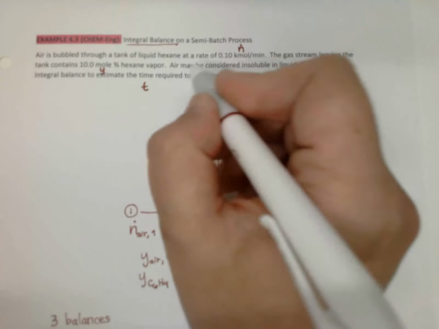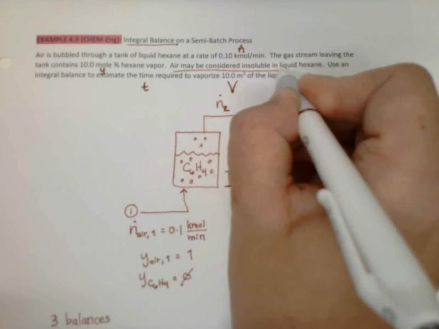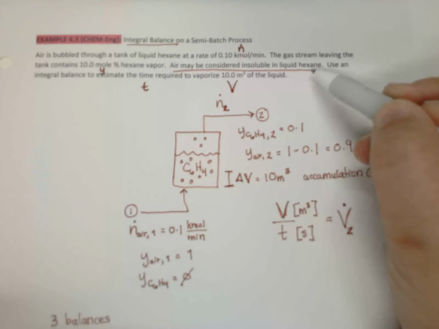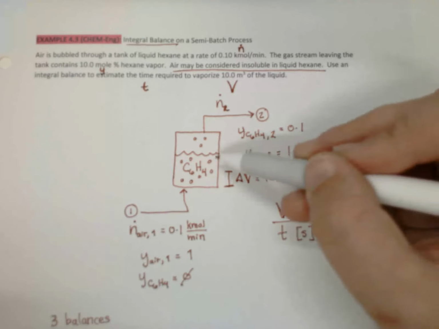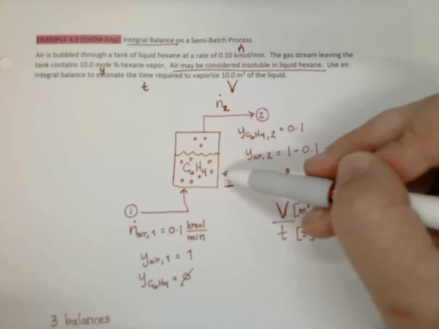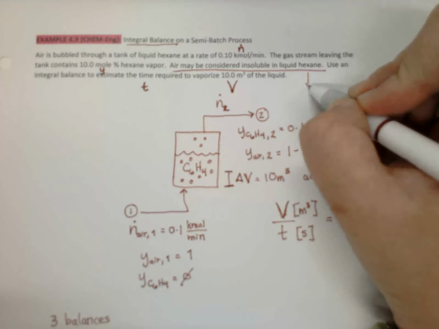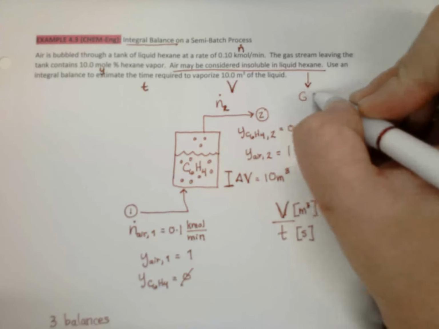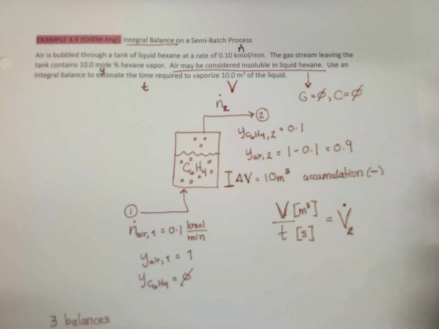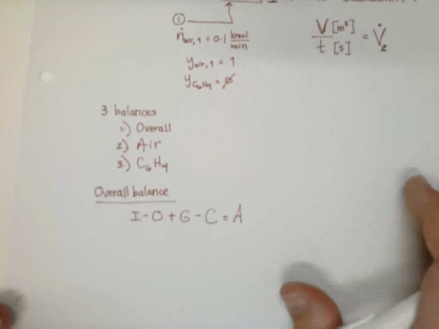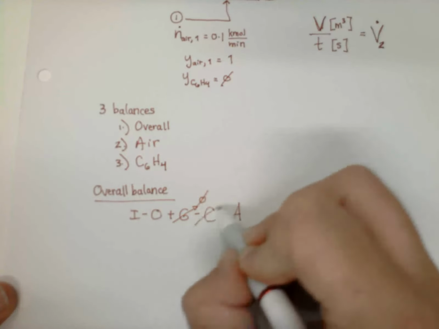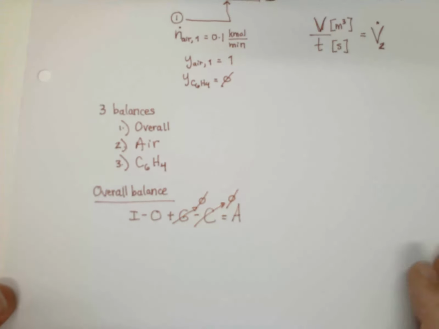And that's what this line up here is also helping us find out. Air is insoluble in liquid hexane, so air is not going to dissolve into this hexane. So there's no chemical reaction that's going to occur. So this line right here is telling us that generation equals 0 and consumption equals 0 with this type of problem. So we know for sure that we can get rid of generation and consumption.